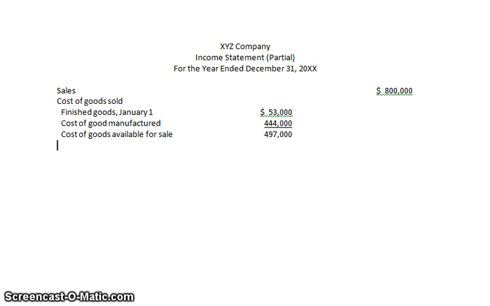So let's subtract that. Finished goods, December 31, our ending inventory was $45,000. So obviously that can't be included in cost of goods sold, because has it sold yet?